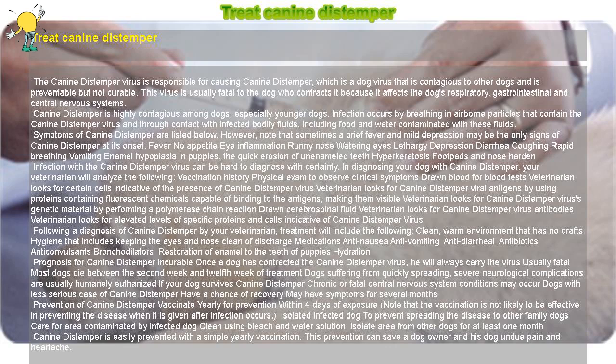In diagnosing your dog with canine distemper, your veterinarian will analyze the following: vaccination history; a physical exam to observe clinical symptoms; drawn blood for blood tests, where the veterinarian looks for certain cells indicative of the presence of canine distemper virus; the veterinarian looks for canine distemper viral antigens by using proteins containing fluorescent chemicals capable of binding to the antigens, making them visible.